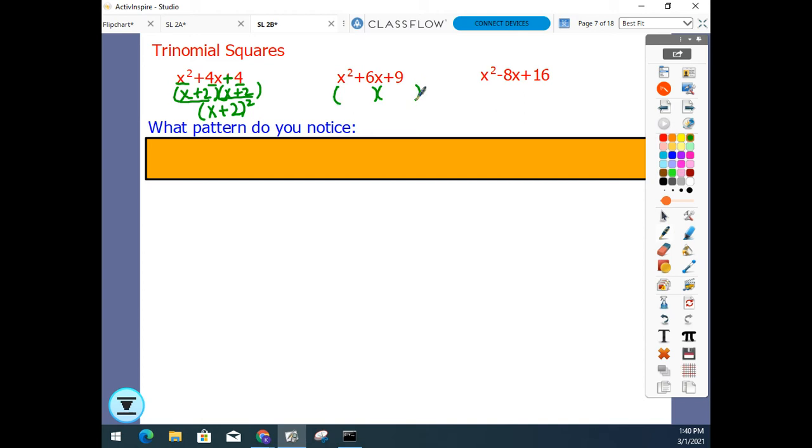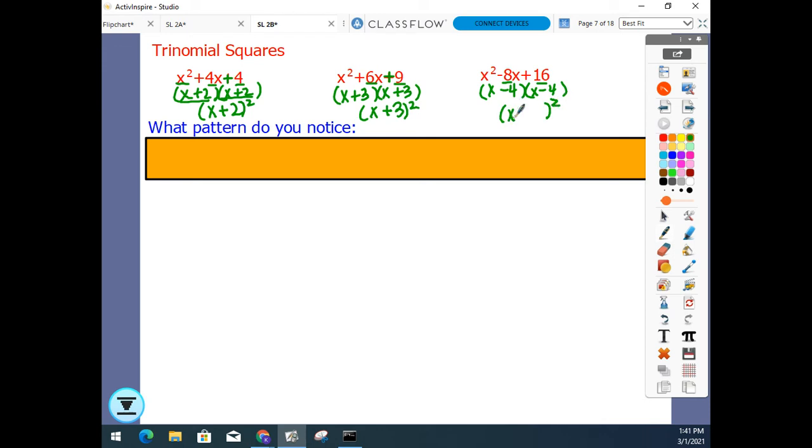These all share the same pattern. So factors of 9 that add to get 6, plus 3, plus 3. Factors of 16 that add to get -8, -4, -4.